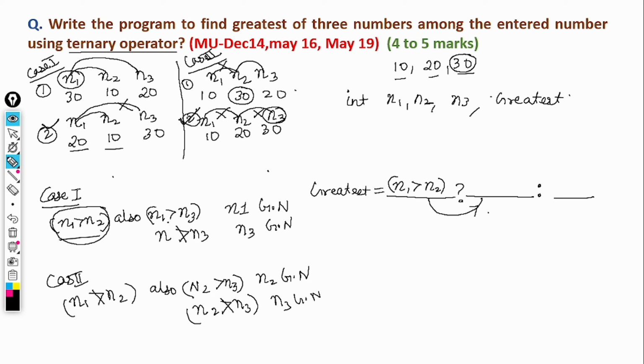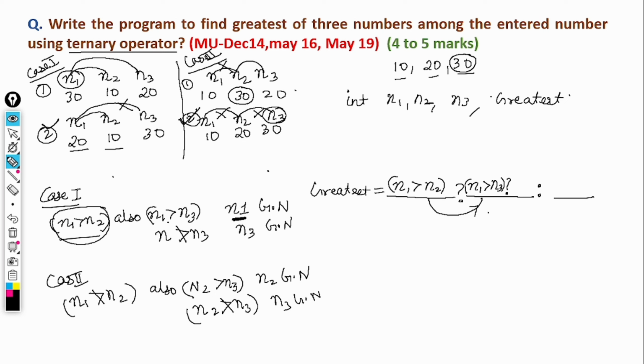So if n1 is greater than n2 is true, and also n1 is greater than n3 is true, then what should happen? n1 is the greatest. So I am writing, see, if n1 is greater than n3, here also one nested ternary operator is there.